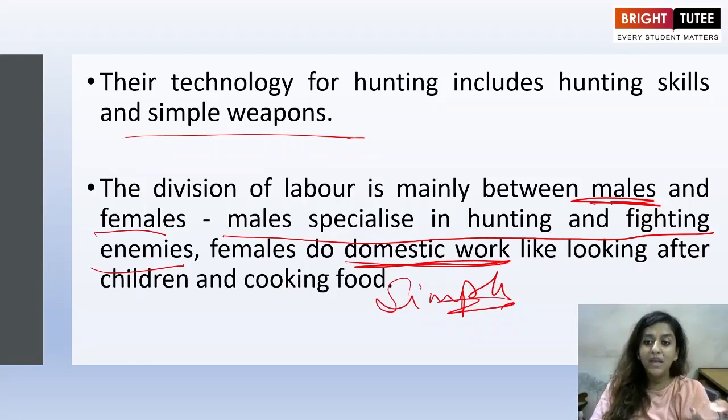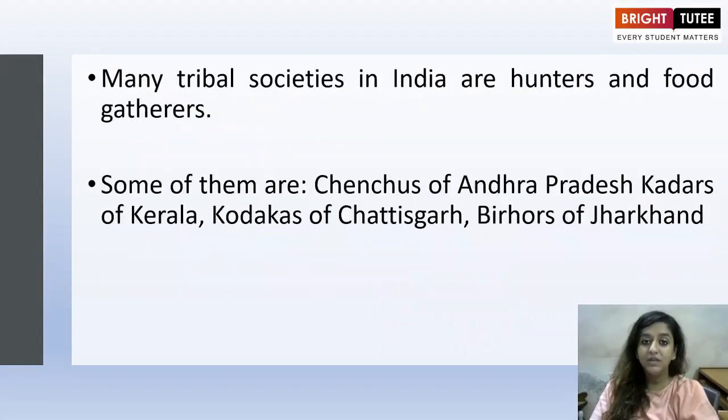You have a female community who is responsible for taking care of the children, the household work, the cooking, and you have the male community who specialized in hunting and fighting with enemies as well.